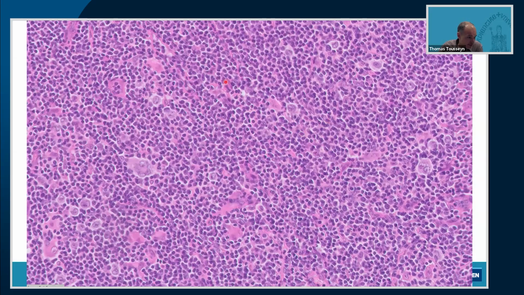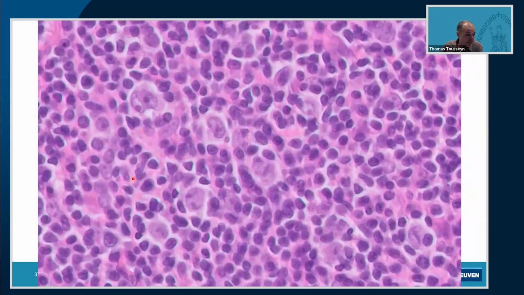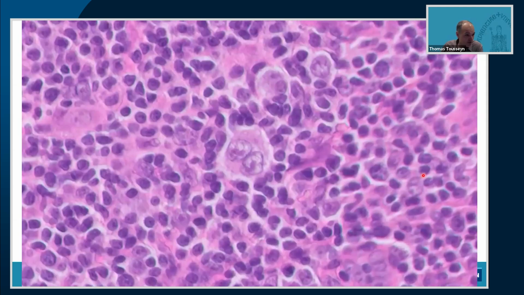Looking a bit deeper, you see that the background is mainly consisting of lymphocytes, no eosinophils, no plasma cells, and then you see these larger cells appearing. Some are mononuclear, some are binuclear, some are multinuclear. Here's some more details, a binuclear one, some other larger cells, but you see it's a very monotonous background of lymphocytes.